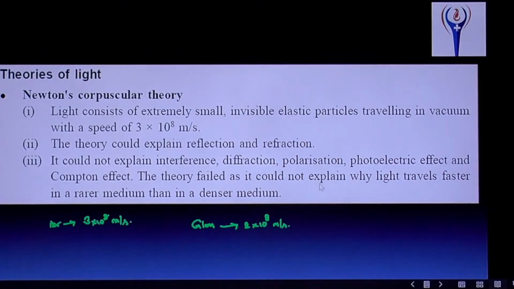Also, it failed to explain why light travels faster in rarer medium than in denser medium. What is rarer medium and denser medium? Can you say? For example, compare air and water. Air and water, both are transparent, is it so? Air is also transparent, light can pass through, and water also transparent.